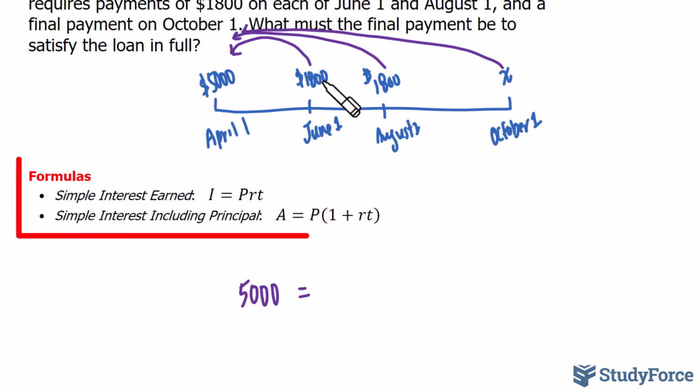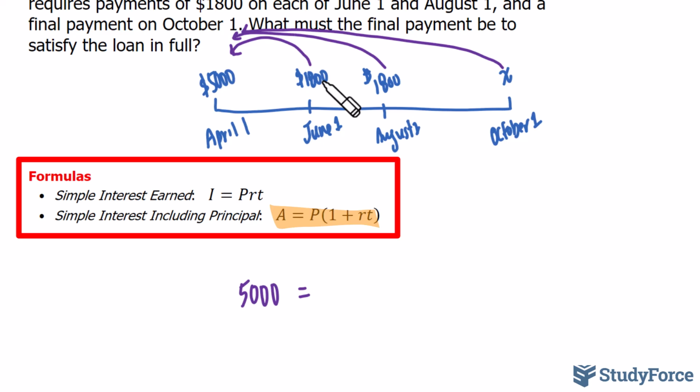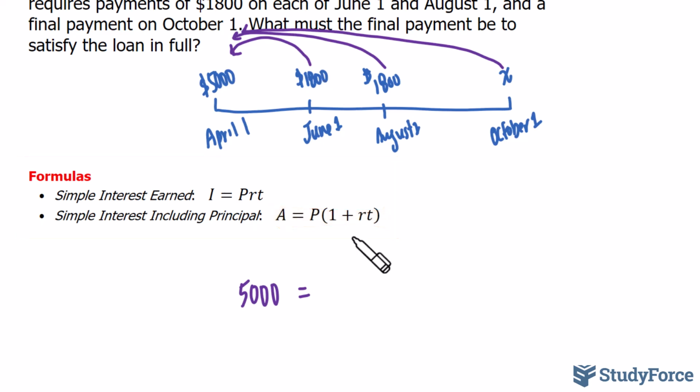Well, I have these two formulas here, and notice that the simple interest including principal formula encompasses the principal plus the interest earned. Another way to understand this formula is that rather than using A, which is what's typically used in literature, we can say that the future value is equal to the present value multiplied by 1 plus RT.